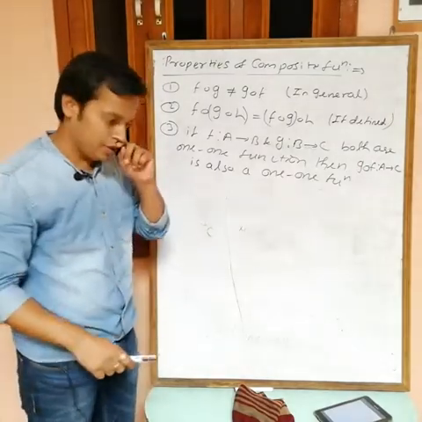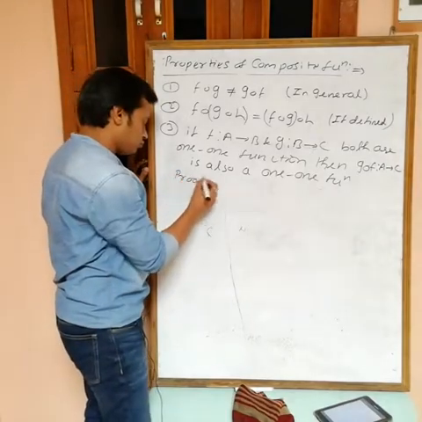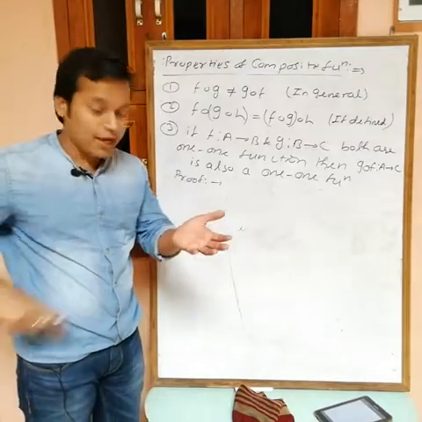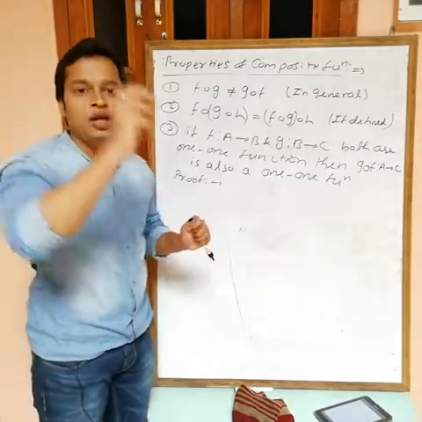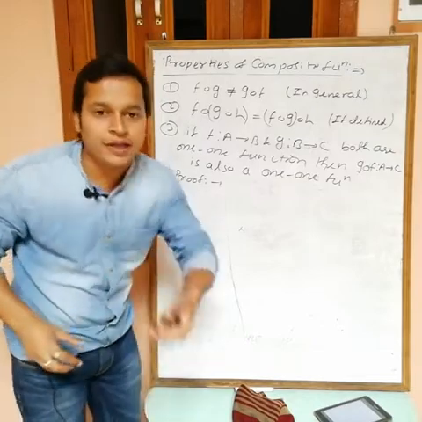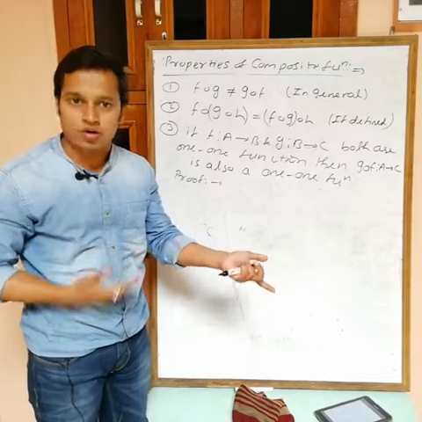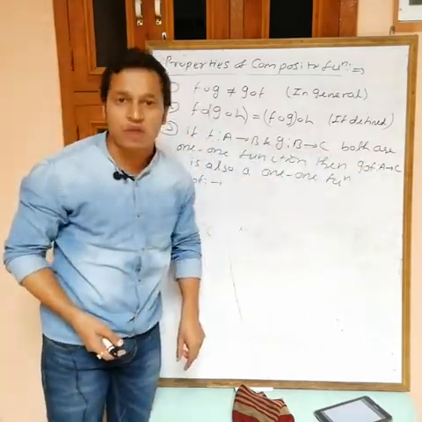Do you want proof? If you want proof, then see, how to prove this one? One minute, I can use the board method now. From f x1 equal to f x2, if I am getting x1 equals to x2, then I can say that f is a 1 1 function. So at this time I want to prove that g of f is a 1 1 function.